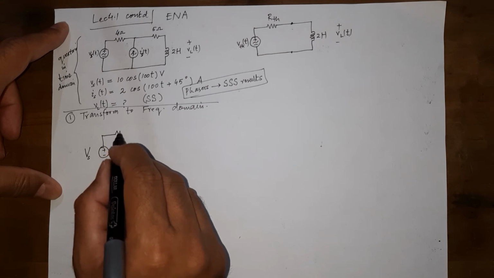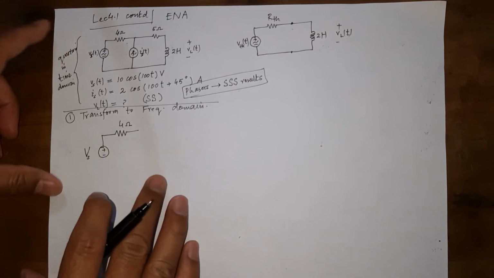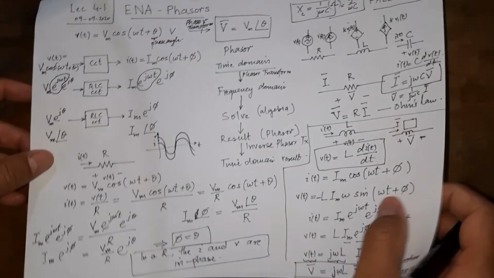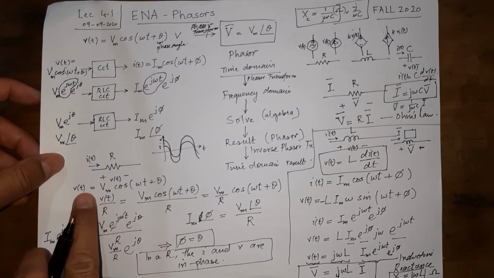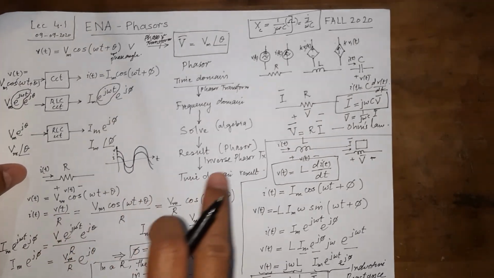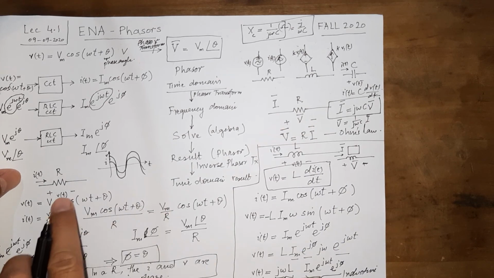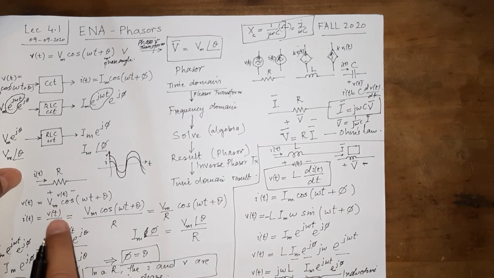Then this resistance remains the resistance in frequency domain. Why? Because if in time domain this i(t) was equal to v(t) over R, then in the phasor domain this is true as well. Okay, phasor current is equal to V over R. So this relationship does not change.